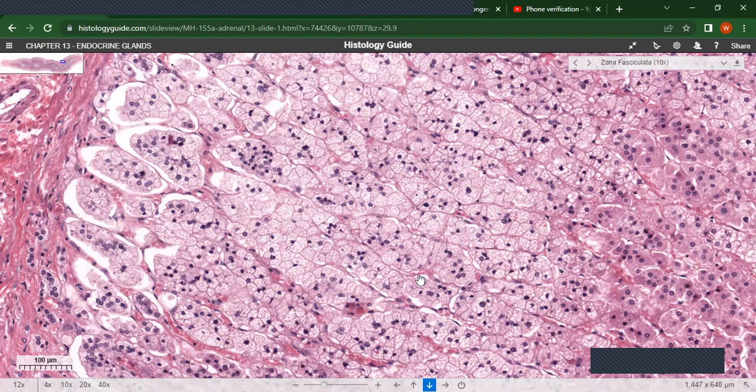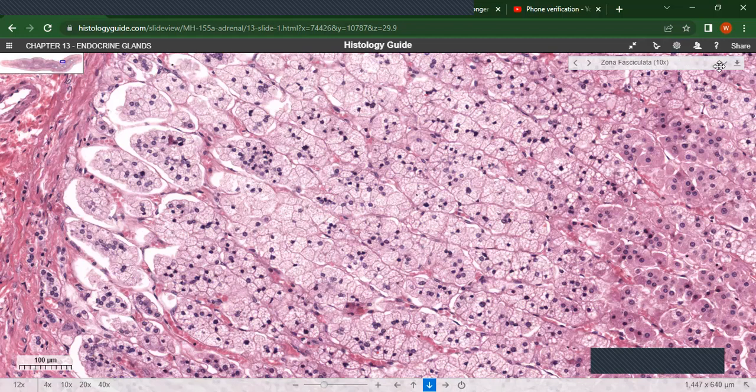The zona fasciculata produces glucocorticoids. An example is cortisol hormone. It is usually stimulated by the adrenocorticotropin hormone. Adrenocorticotropin hormone is released from the adenohypophysis, the anterior lobe of the pituitary gland.